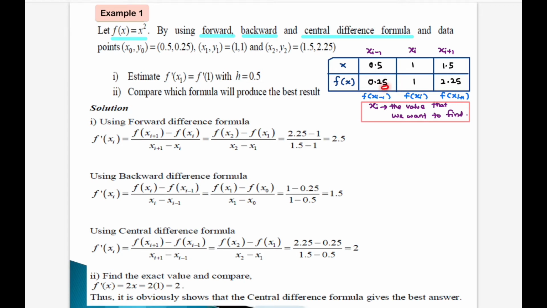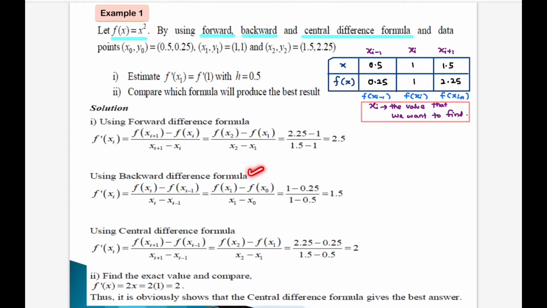First, using the forward difference formula, f(xi plus 1) is 2.25, minus f(xi), divided by xi plus 1, which is 1.5, minus xi. Simplify, then you will get 2.5.